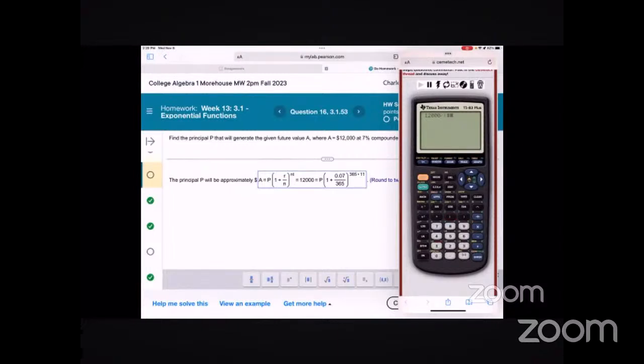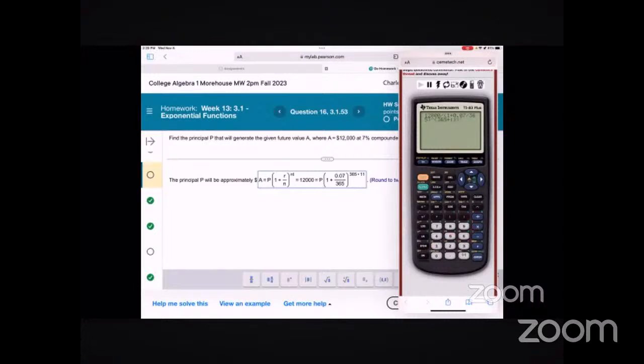So let's do an open parentheses, 1 plus 0.07 divided by 365. Close parentheses, hat, open parentheses, 365 times 11, close the parentheses. I think our parentheses look good.